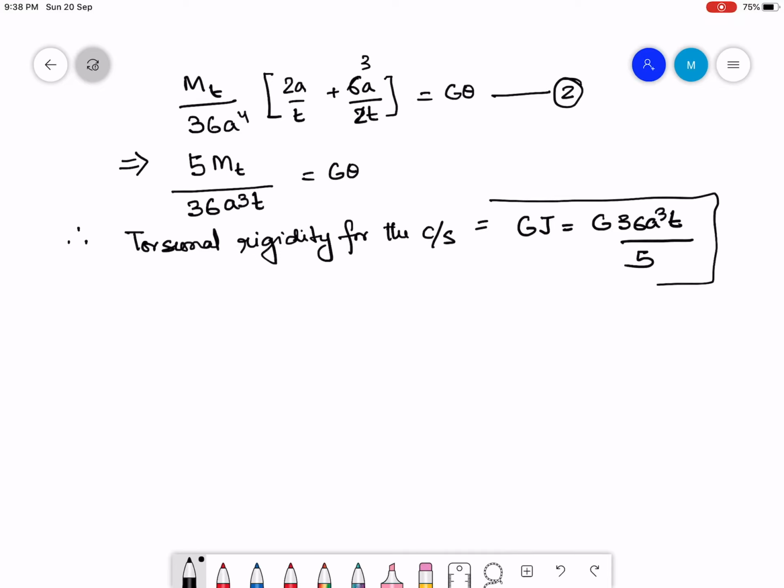So that is the torsional rigidity. Okay, so this is the answer that I wanted. With this we will end this module, and we will move into a new topic in the next class. Thank you.